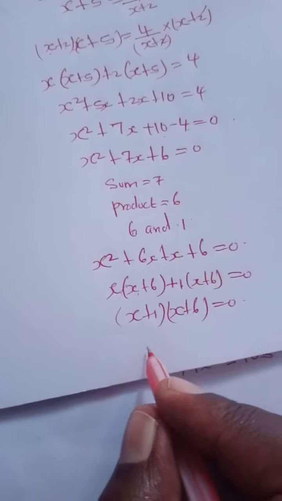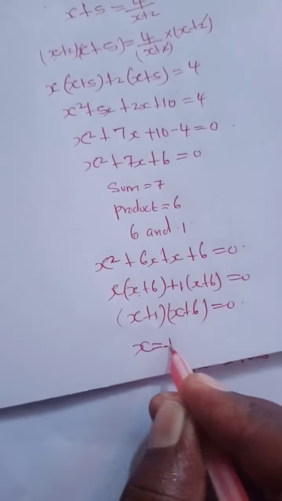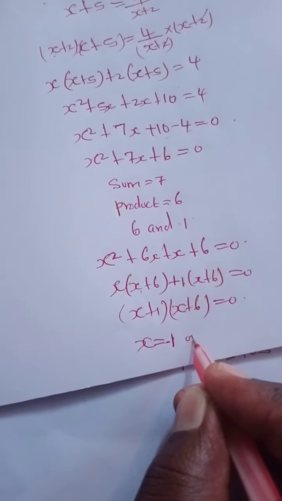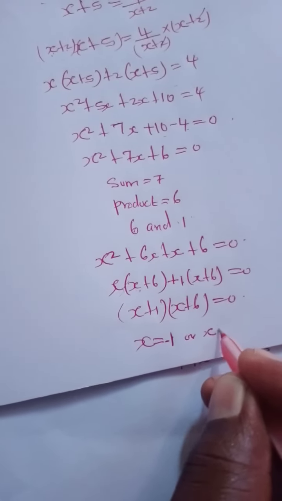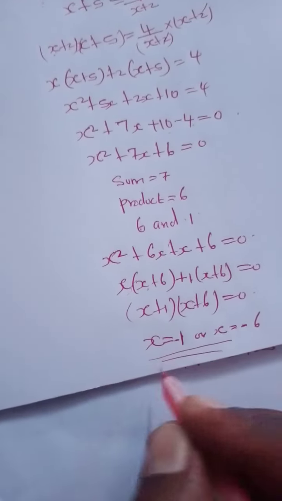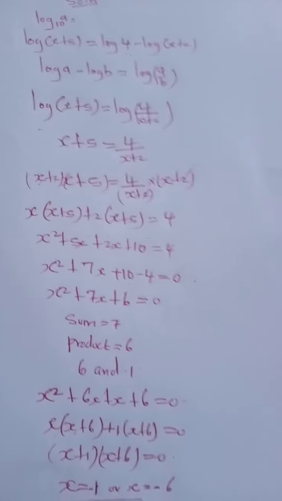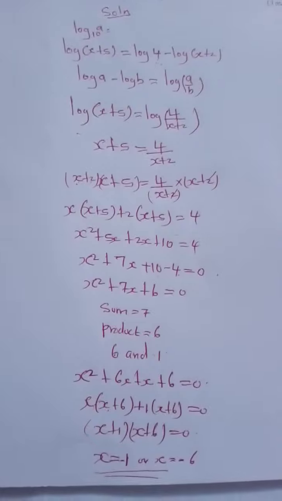From here you can see x = −1, or x = −6. That's the end. That's how you solve that quadratic equation.